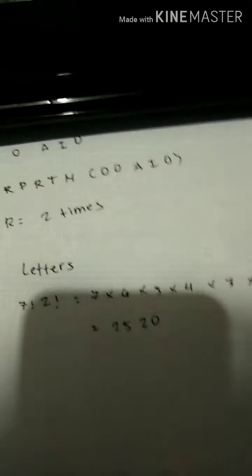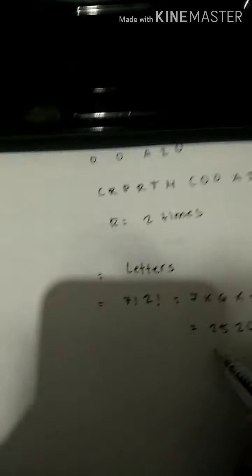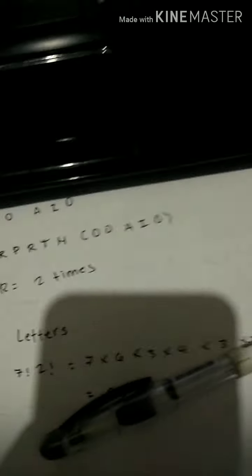Again, 7 times 6 times 5 times 3 times 2 times 1 is equal to 2,520.